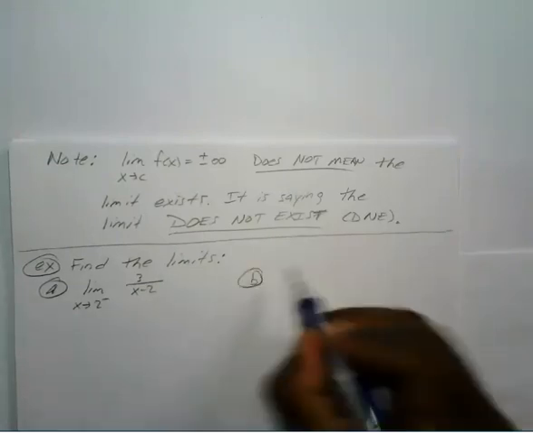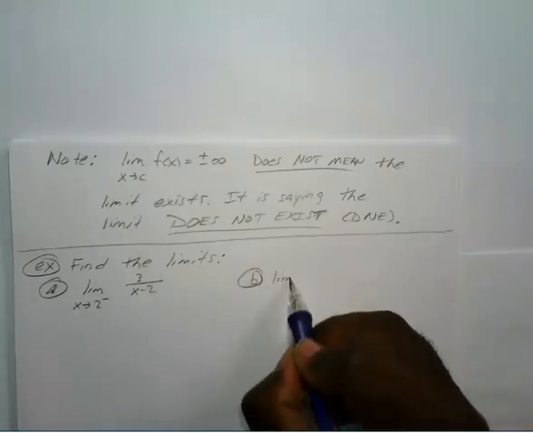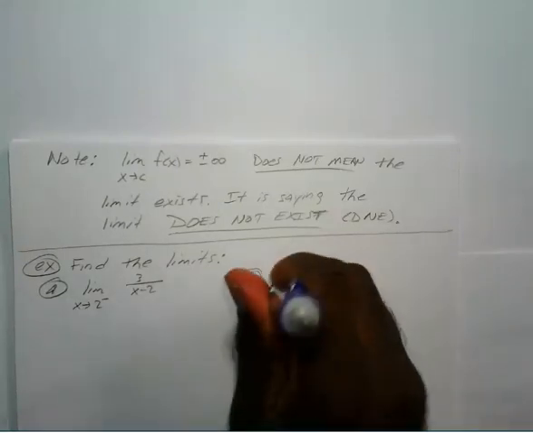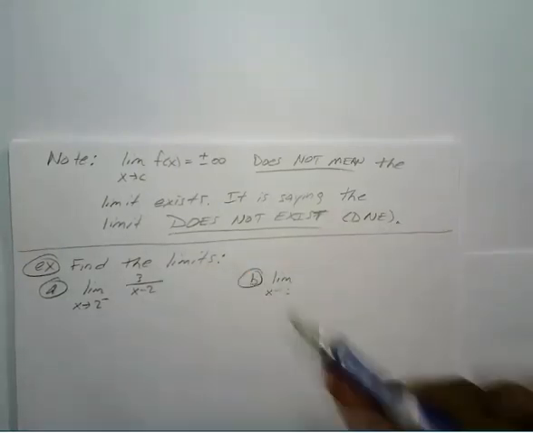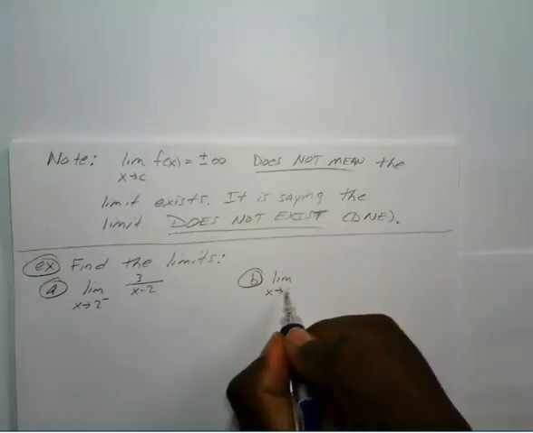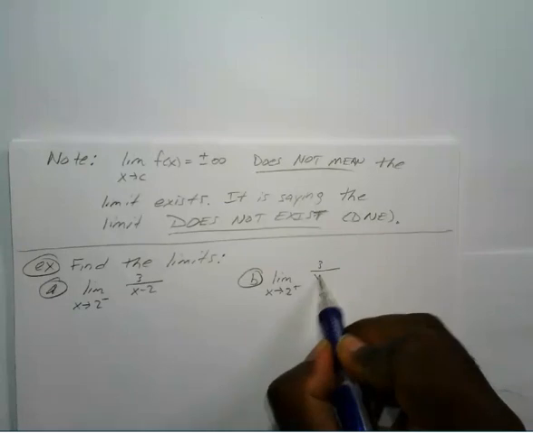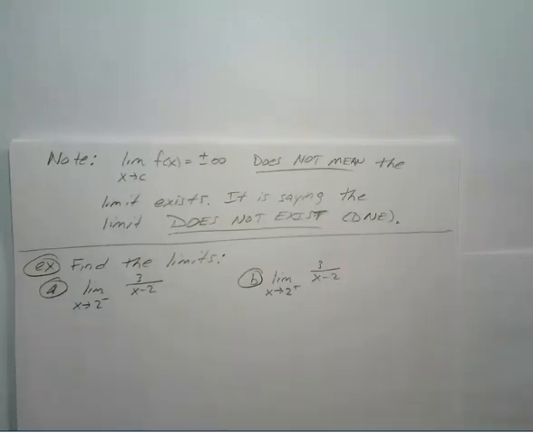And let's say for problem B, the limit as x approaches 2 from the right of 3 over x minus 2. So both the same function, but we're approaching it from the left and from the right.